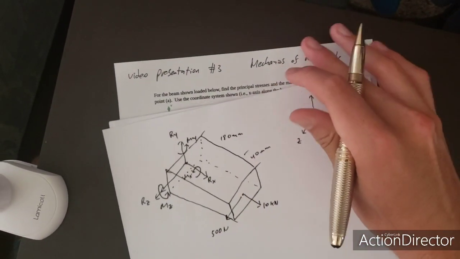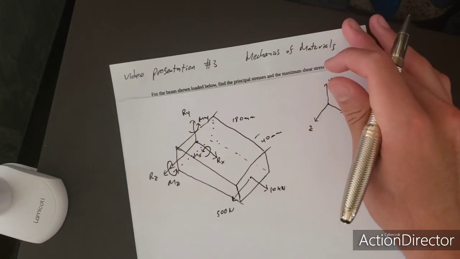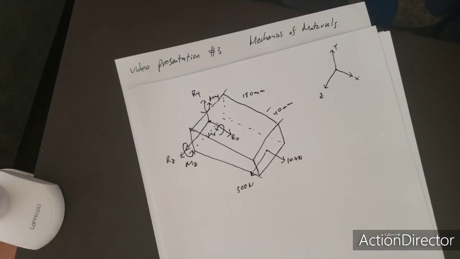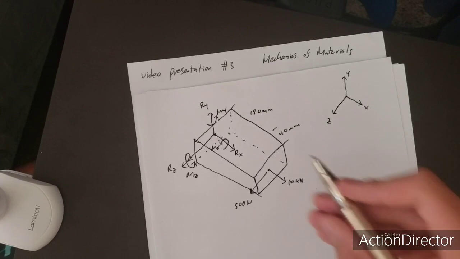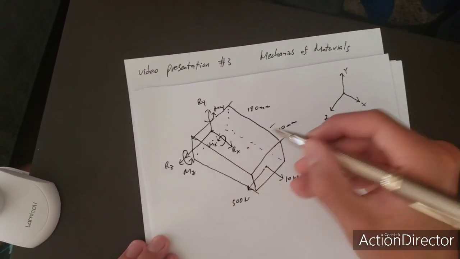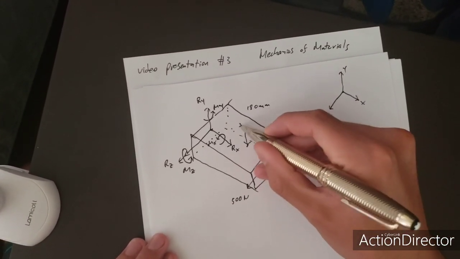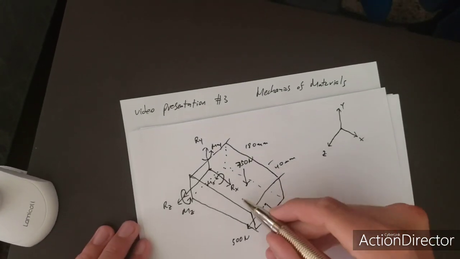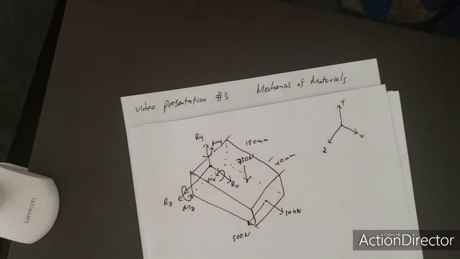Okay, now how do you find the reaction forces and the reaction moments? Well, you want to start out by having a table with the organized data. Oh, and by the way, I've missed one number here. This is a 750 Newton force going down, and it's on the top of this surface.